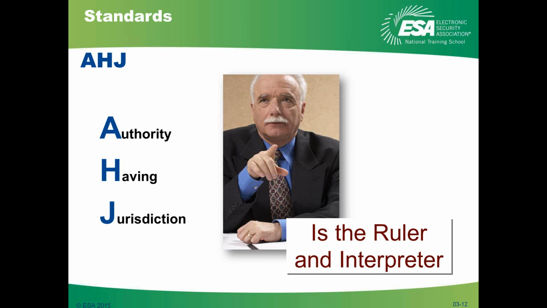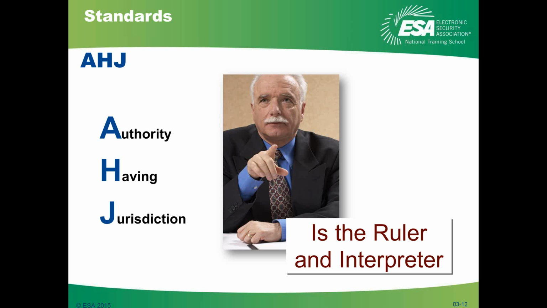AHJ, this is one of the areas where people have a hard time understanding who all can be an AHJ and where their ability to be AHJ starts and stops. So it is important, and we just need to make sure that we're encompassing the whole AHJ and not just that it's an electrical inspector, a building inspector, a fire marshal.